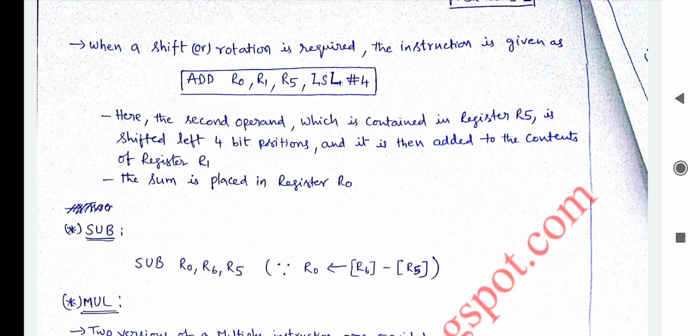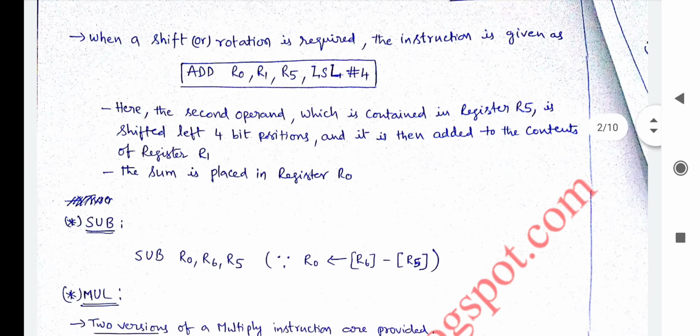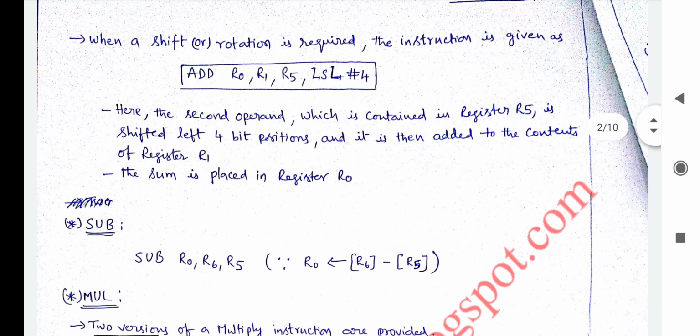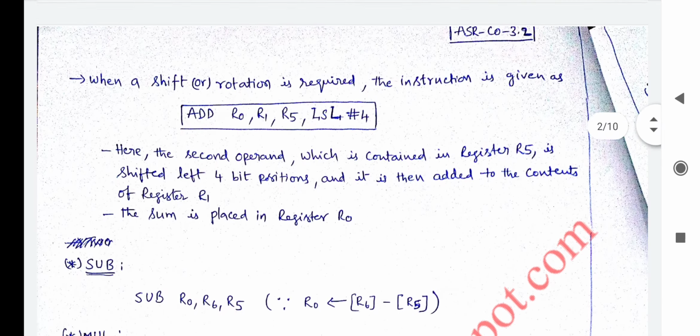After completing the left shift by 4 positions, the result is added with R1, and the entire result is stored in R0. Okay, hope you understand my explanation. This is about add.